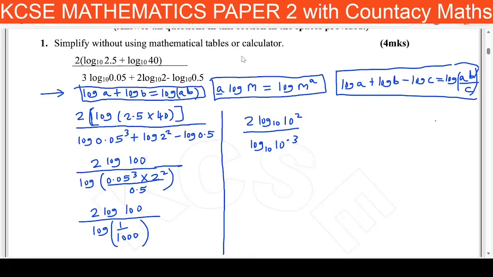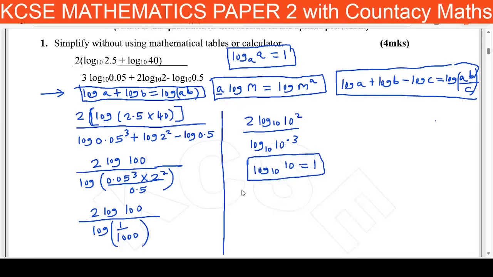So when you've got logarithm of a base a, this one will always be equivalent to 1. This is a law of logarithm. So when you have got log 10 base 10, this one will always give you 1. This is a law of logarithm.